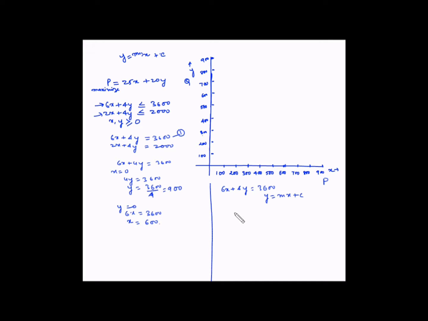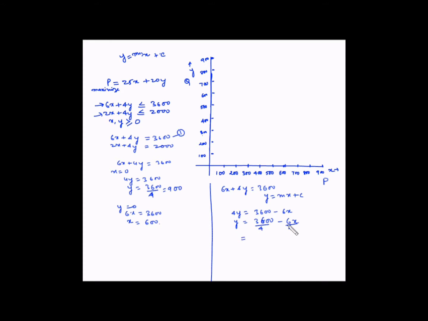So 4y is equal to 3600 minus 6x, or y is equal to 3600 divided by 4 minus 6x by 4.